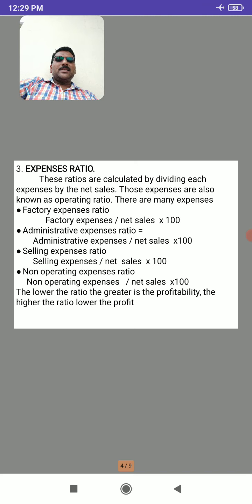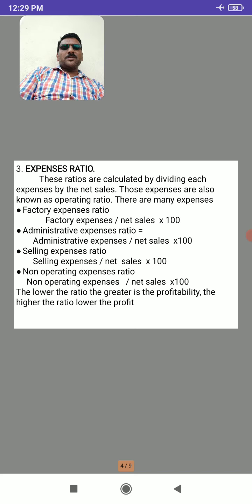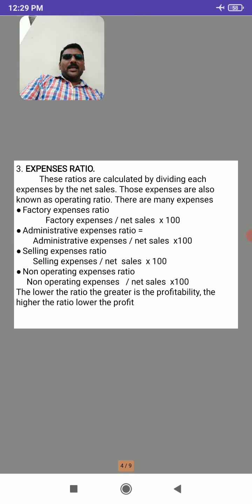Then the selling expenses ratio. Selling expenses means those expenses which are incurred at the time of sales. Examples are promotion expenses, commission to the agent, and advertisement. These are some examples of selling expenses.